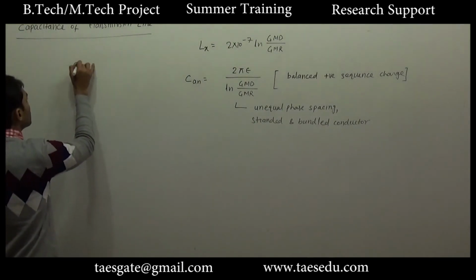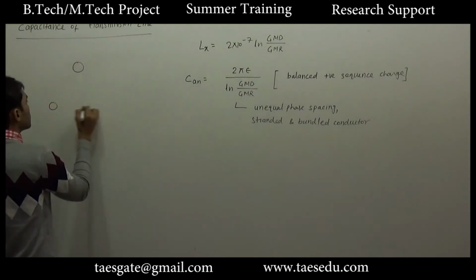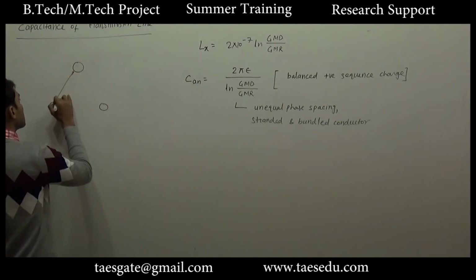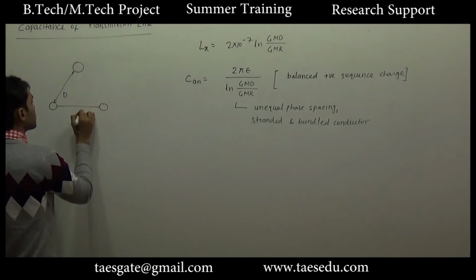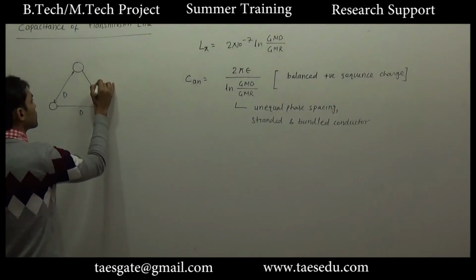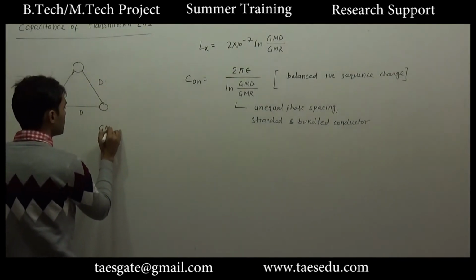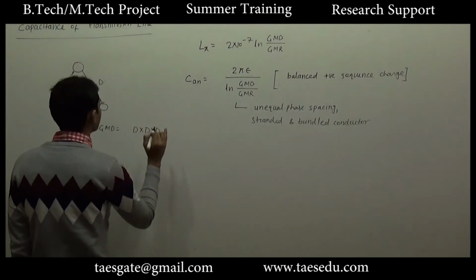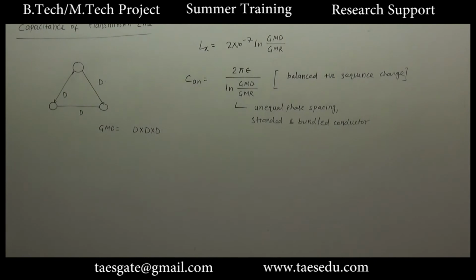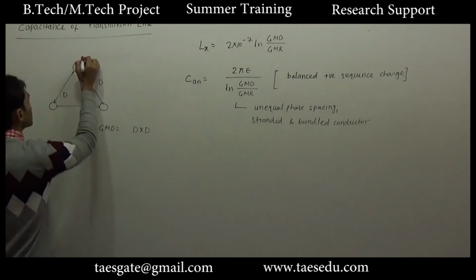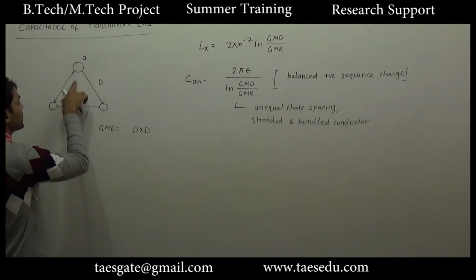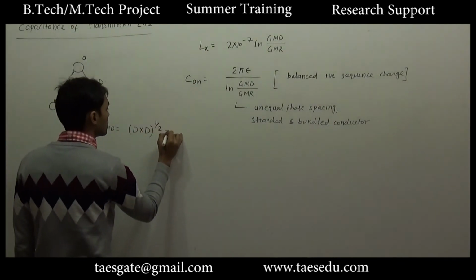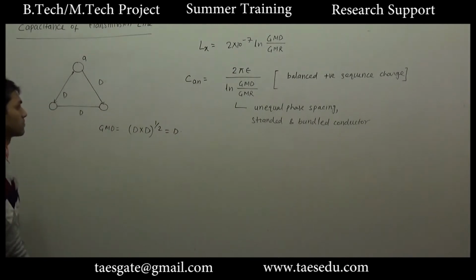Let's say we have a 3-wire system, an equally spaced 3-wire system. Distance is d. So GMD will be d into d into d. If we consider this conductor only, we have only 2 types of distances. So d into d to the power 1 by 2, that is d.